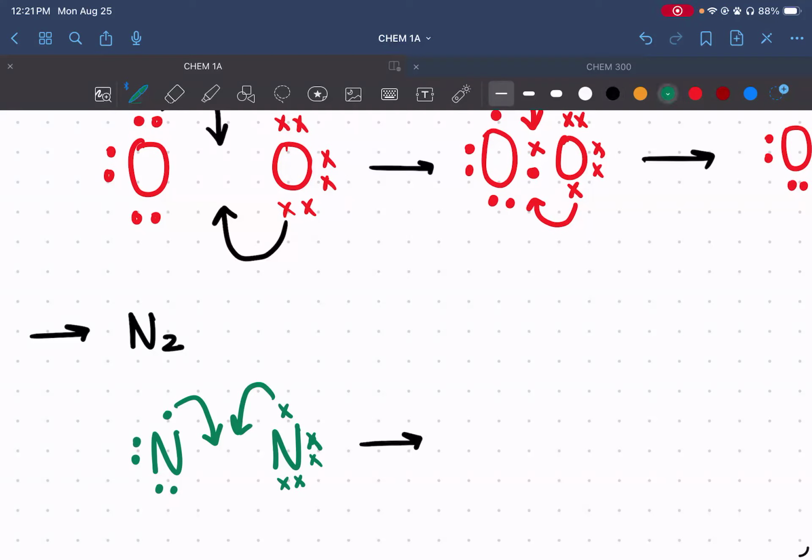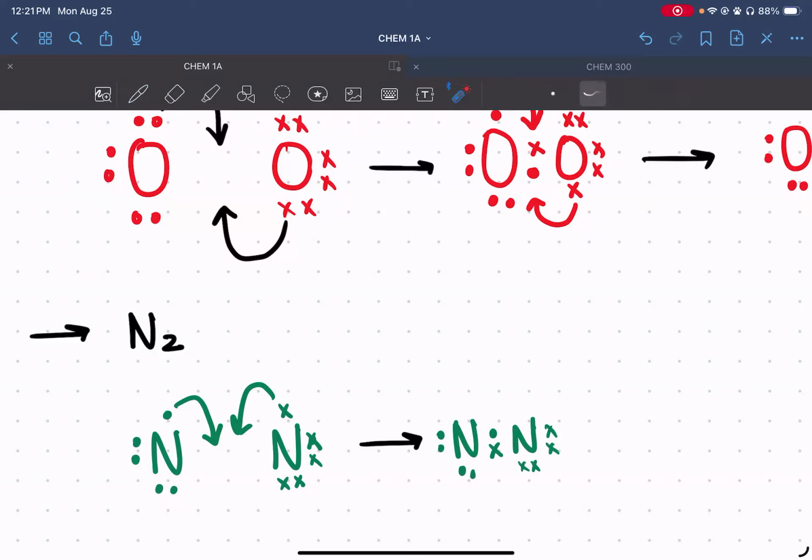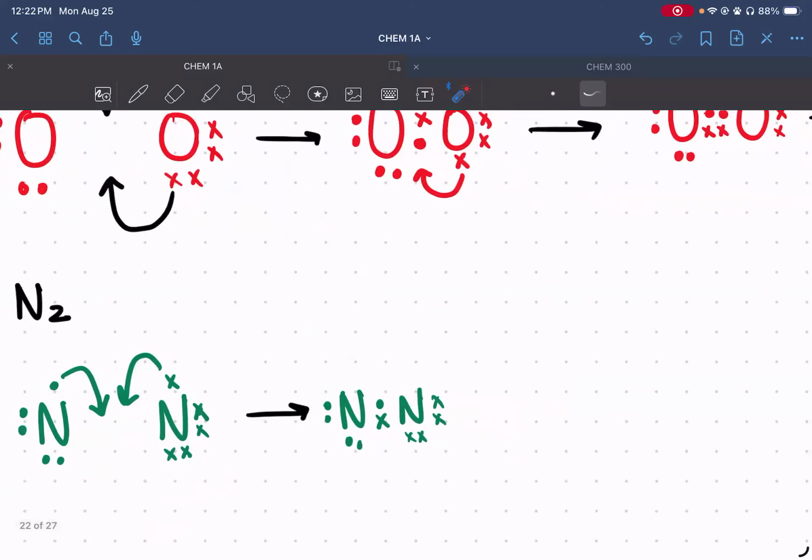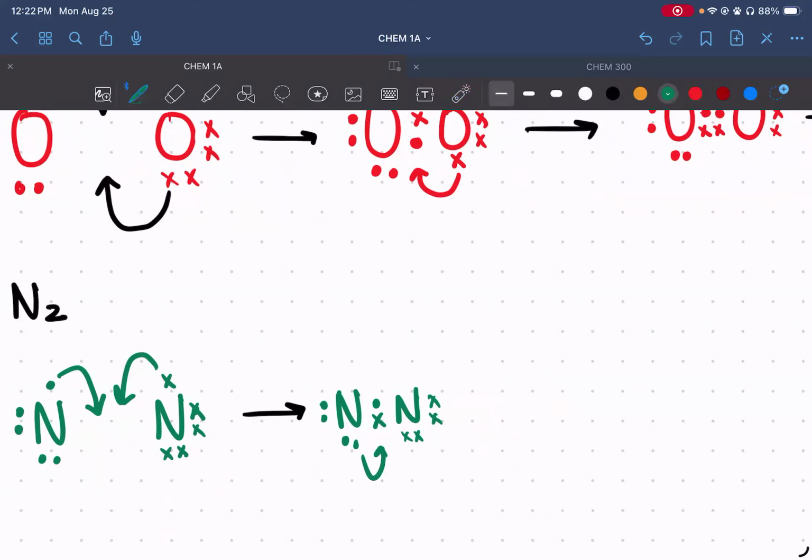One electron comes from each nitrogen atom. We count from the perspective of each nitrogen. We have 1, 2, 3, 4, 5, 6. From the perspective of the other nitrogen, 1, 2, 3, 4, 5, 6. Okay, so we're not there just yet. We're getting closer. Each nitrogen had 5 to begin with. Now we're at 6. So what do we do? We share once again.